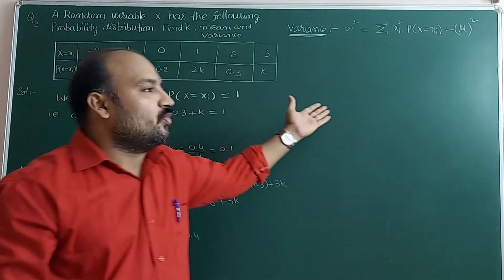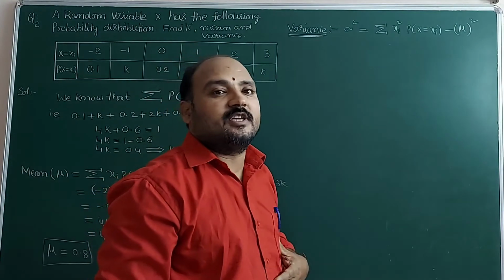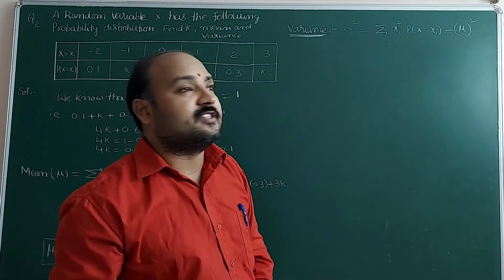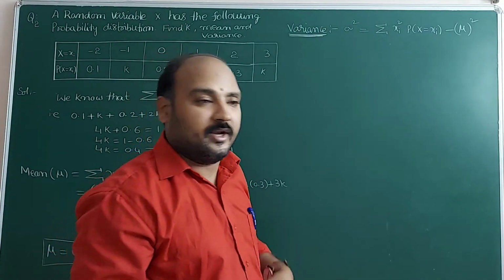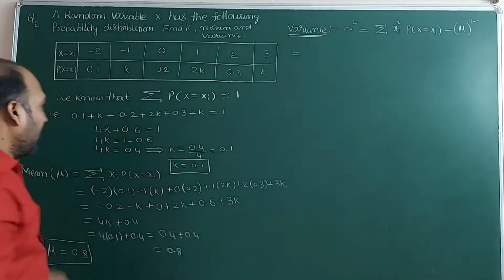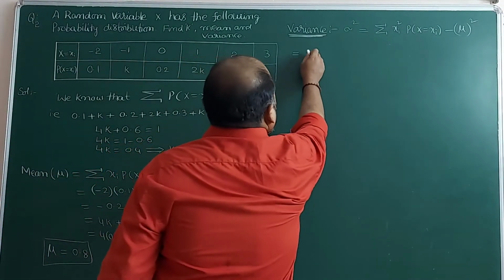Next, variance. We already wrote that in the last problem. Variance sigma square is sigma xi square into p of x is equal to xi minus mu square. So here, step by step I will write it. Xi square, that means minus 2 whole square into 0.1.